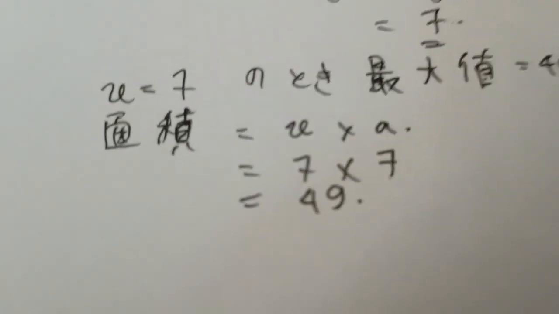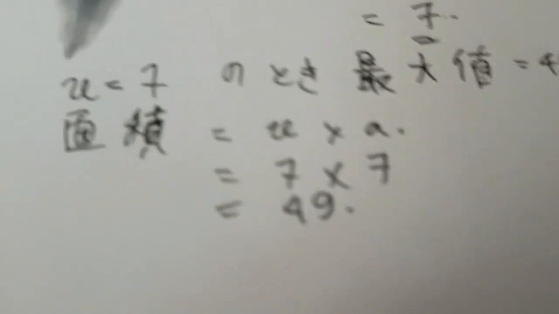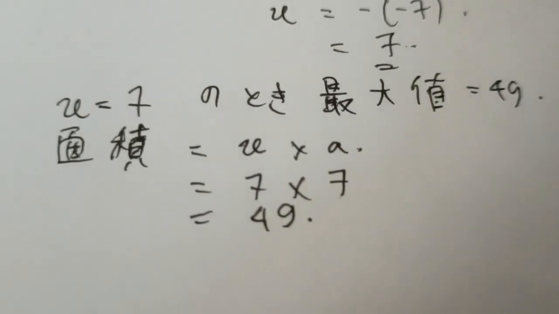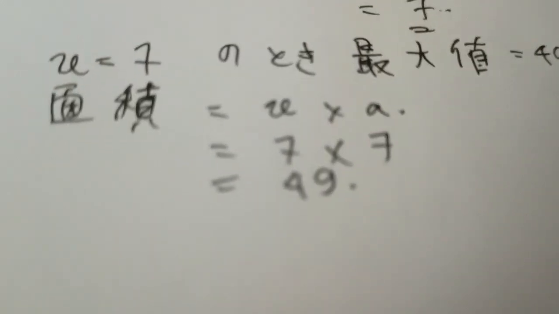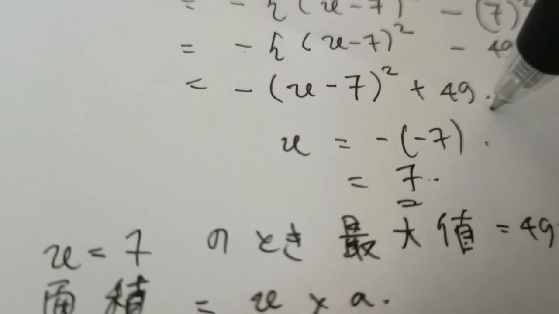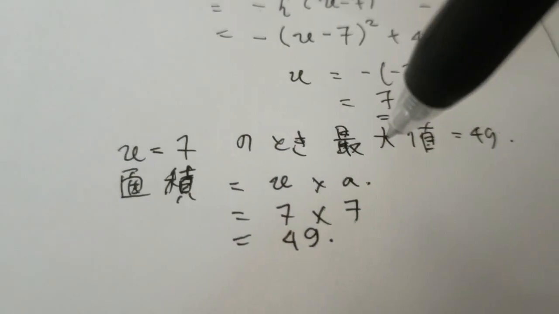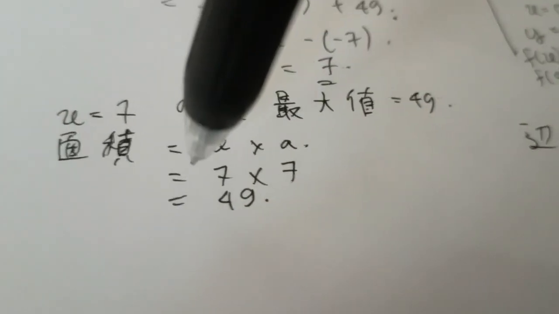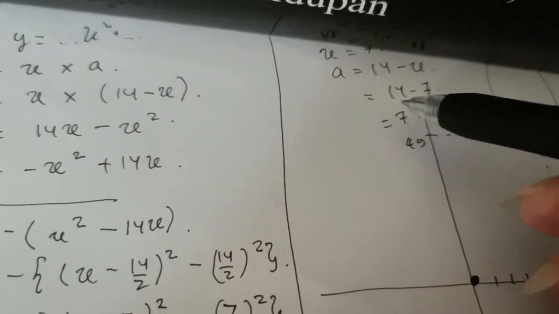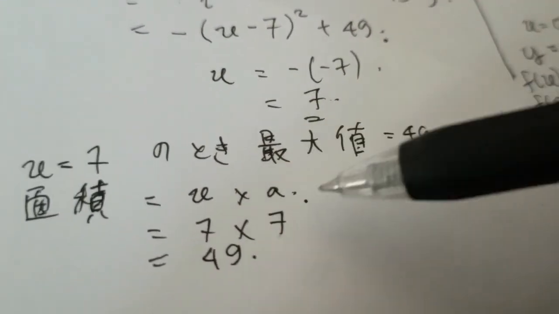So the menseki, when x is 7, no toki, saidaichi is 49. Look, over here is 49. And then menseki is x multiply a, means 7 multiply 7, because you got the a already over here. x is 7, so 7 multiply 7, it's 49.